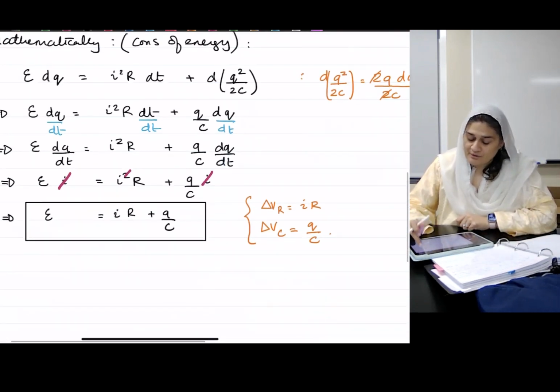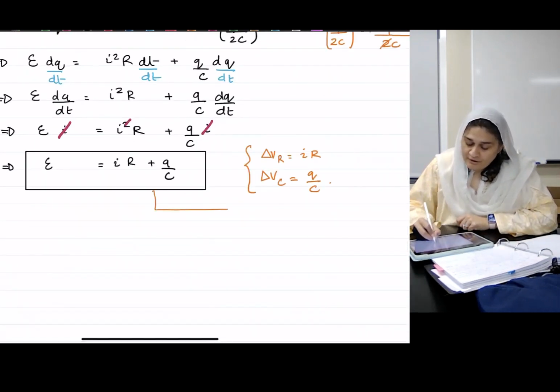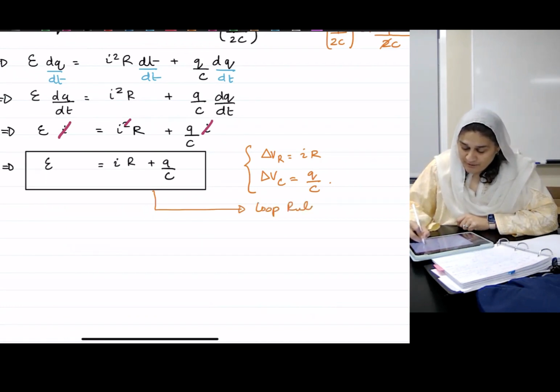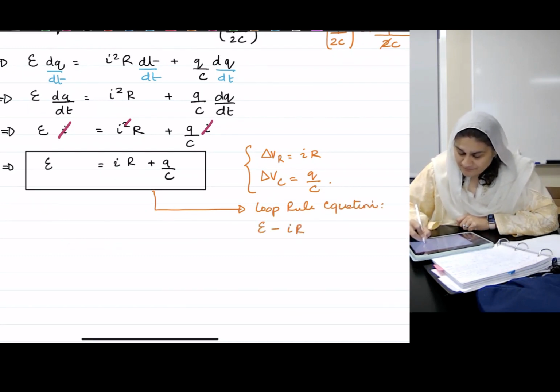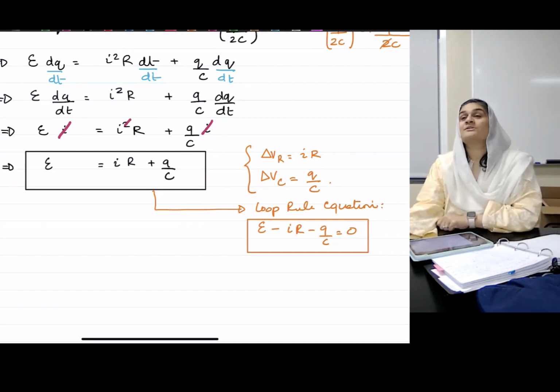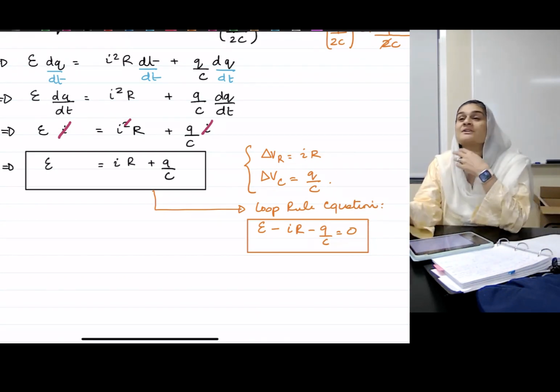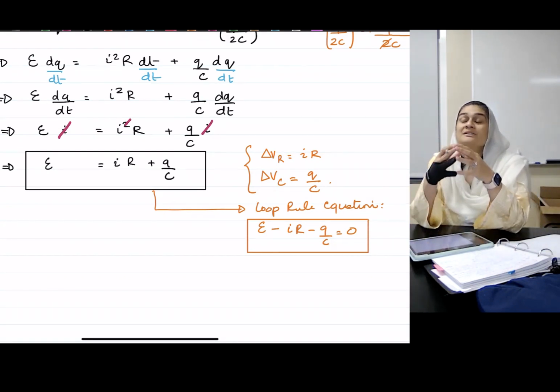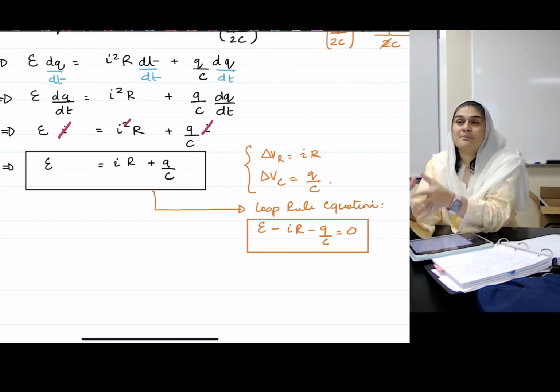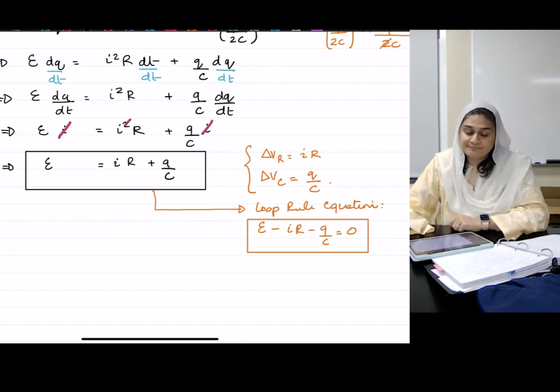This is also called the loop rule equation from Intro 2. All I've done is rearranged it: the total source of EMF minus the voltage drop across the resistor minus the voltage drop across the capacitor. So far with me?